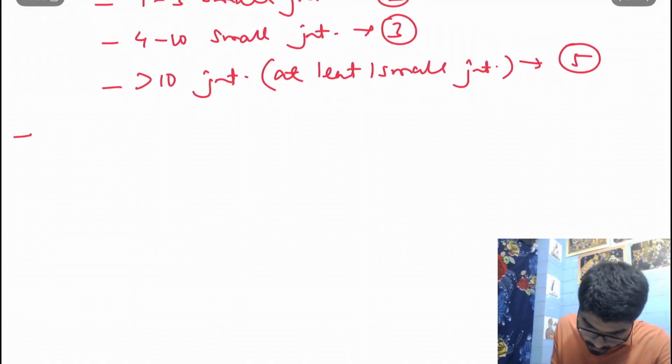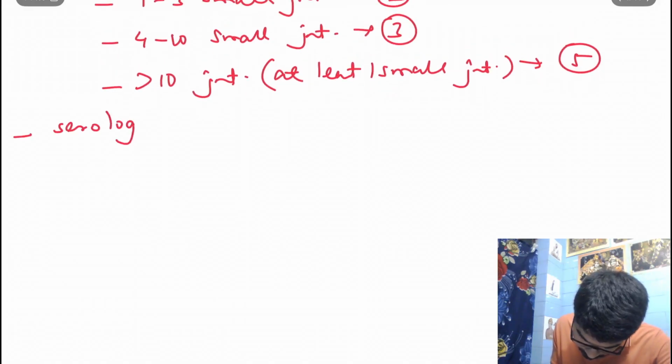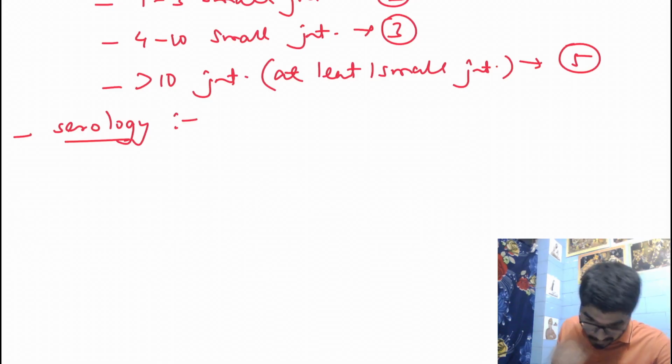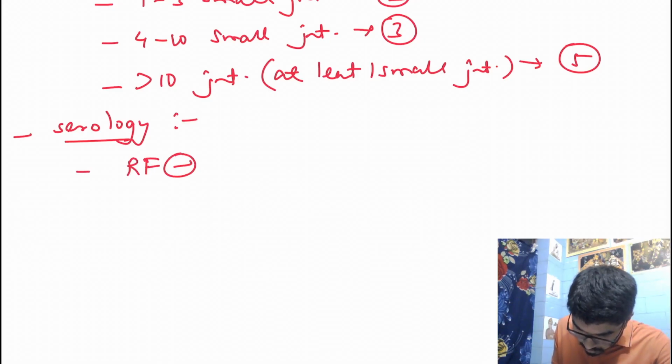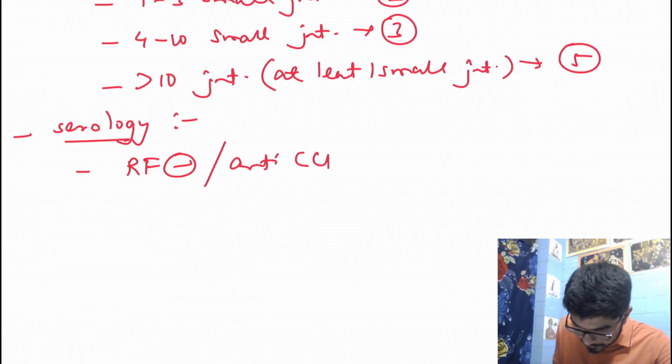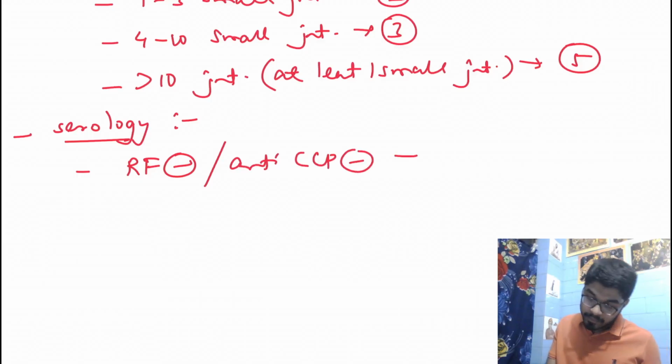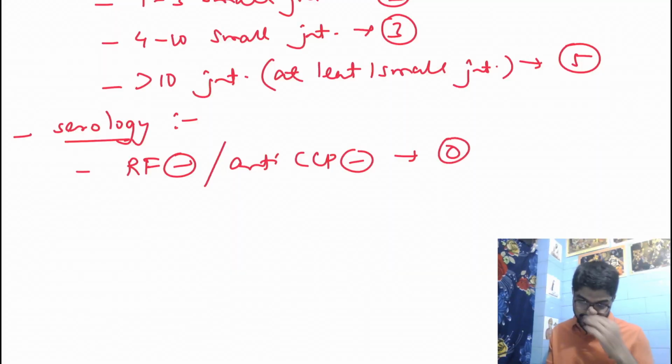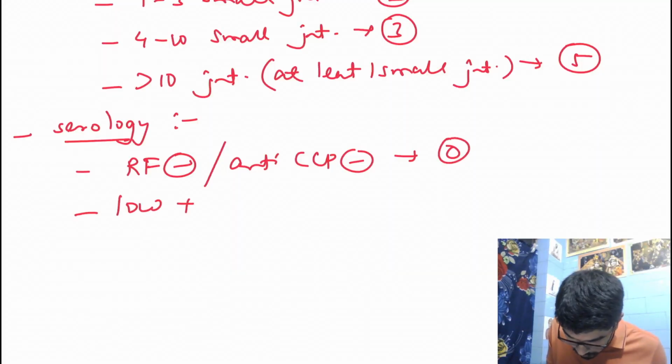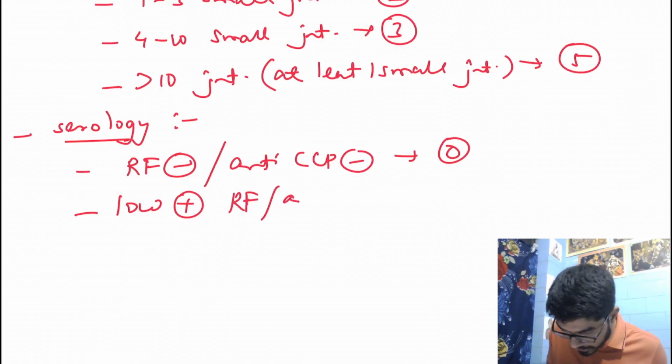After the joint component, we have the serology component. Under serology, we have 3 things. If both rheumatoid factor and anti-CCP are absent, we give a score of 0. If low positivity is found in either RF or anti-CCP, we give a score of 2.